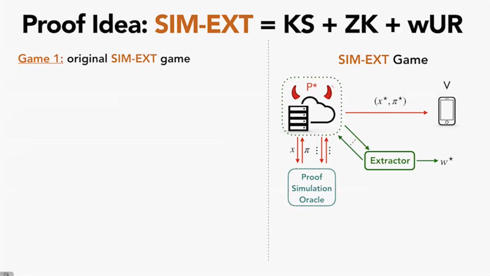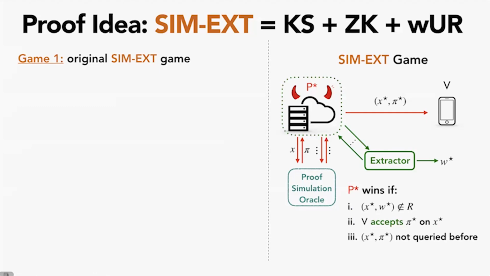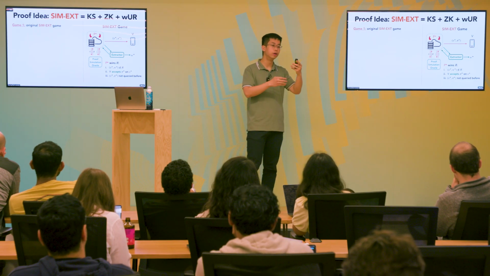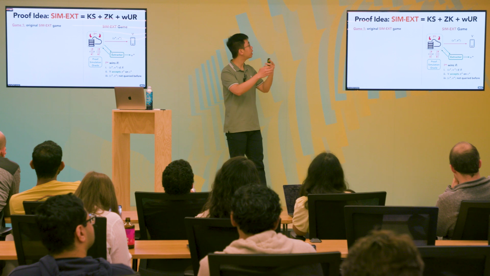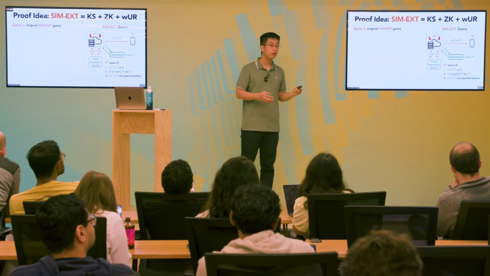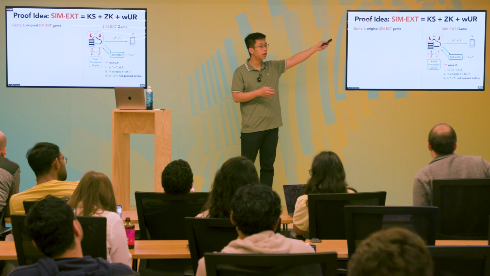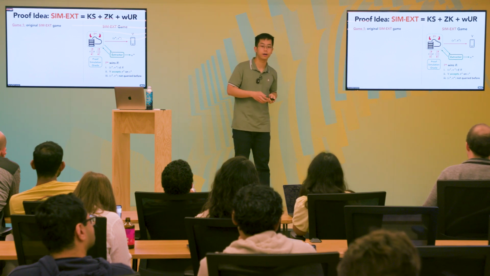Now the malicious prover wins if this proof is accepting, but the extracted witness is not a corresponding witness, and also the proof is not a trivial proof that has been queried before. So this is the original game. Now we're going to do a hybrid into a different game where you rule out the chance of a prover using a weak unique response attack.